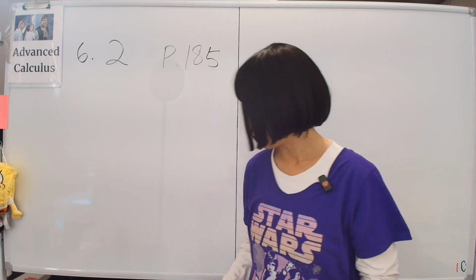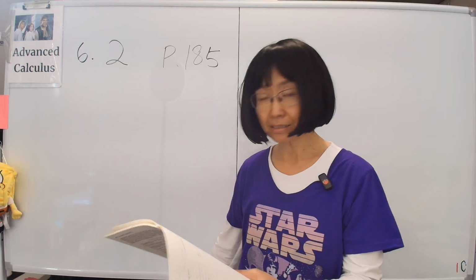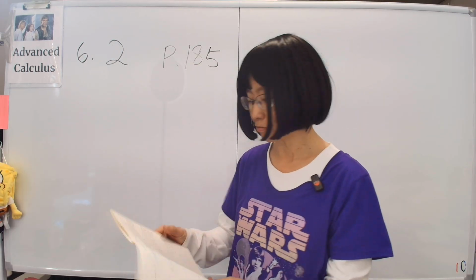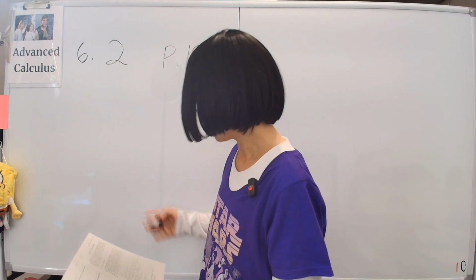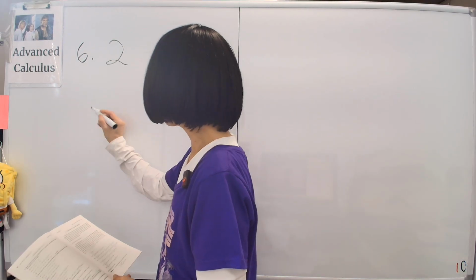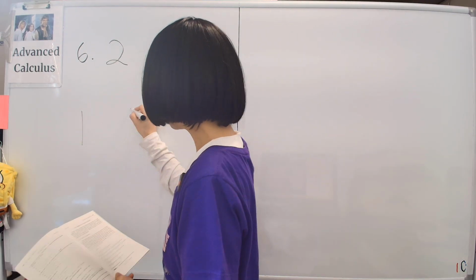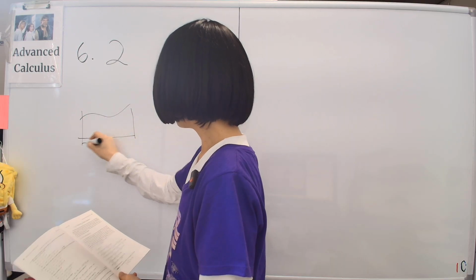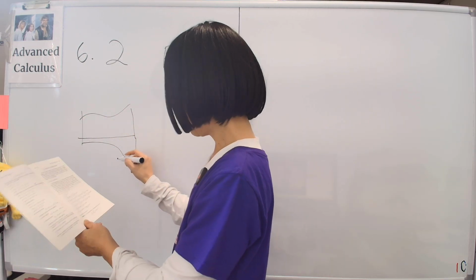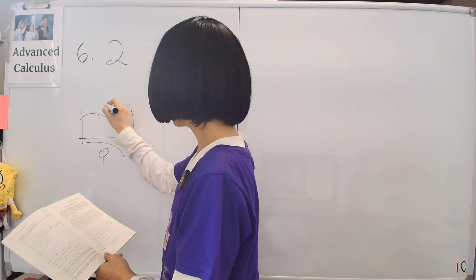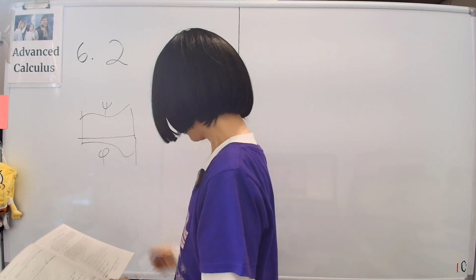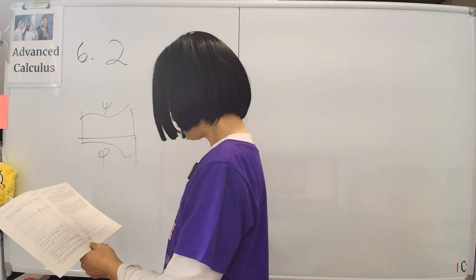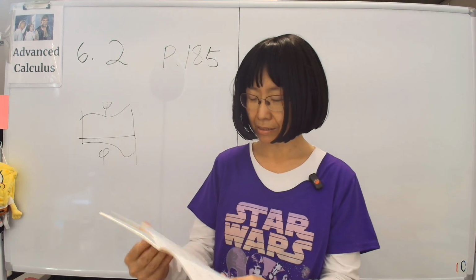As we have drawn before, that is our x region that we have defined, so the x boundary is the straight line, and then the y value varies from phi of x to psi of x.